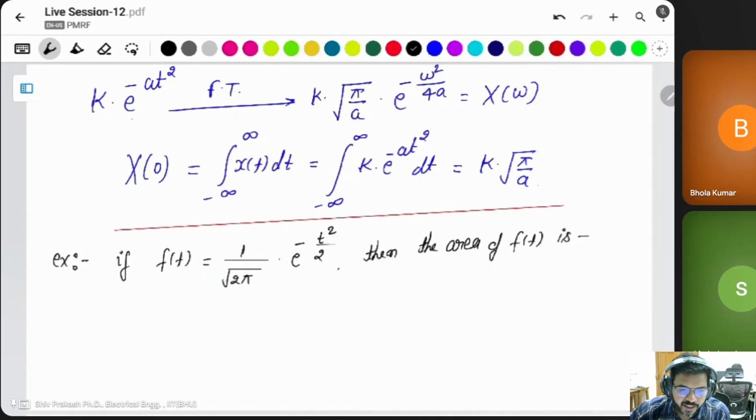How can you calculate the area of f(t), where f(t) is equal to 1 by root 2 pi into e to power of minus t square by 2?